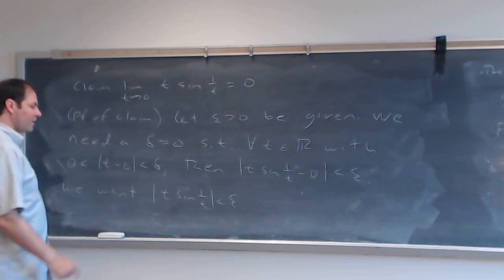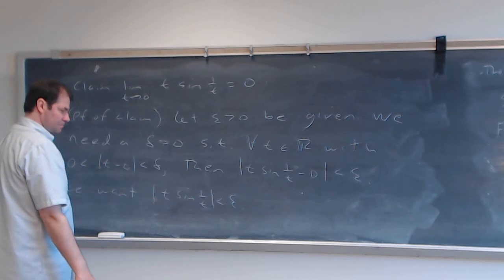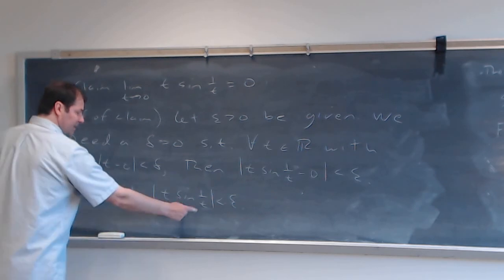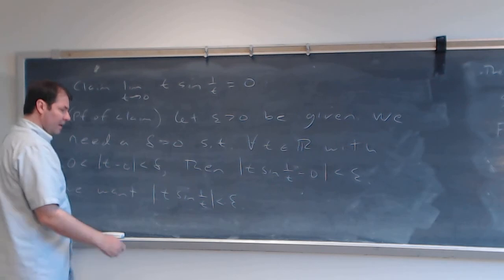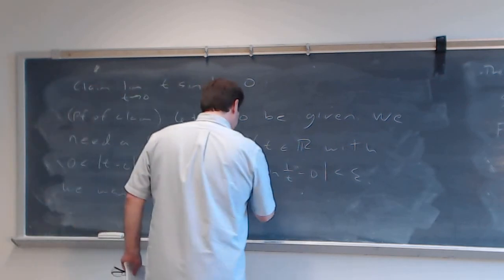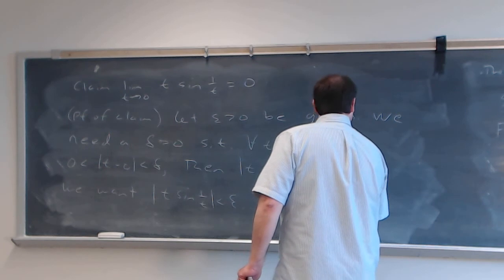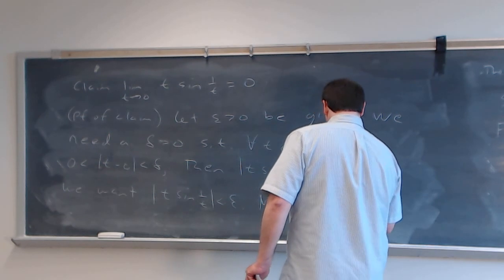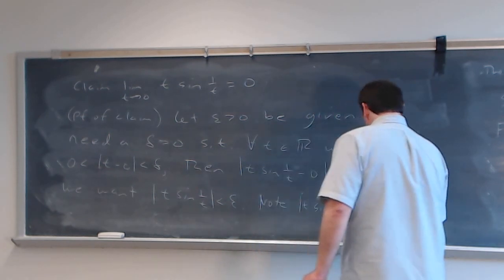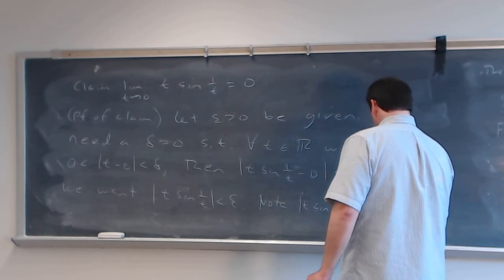Okay, the sine of 1 over t, for t not equal to 0, is defined. Sine of 1 over t bounces between minus 1 and 1. And so what we get is, note that the absolute value of t sine 1 over t is less than or equal to the absolute value of t.